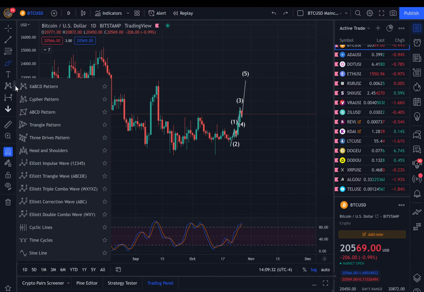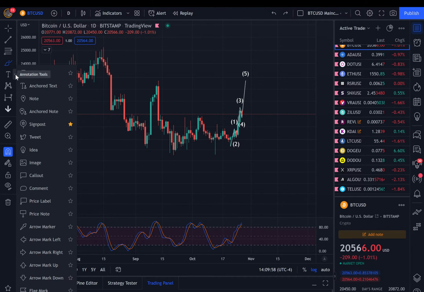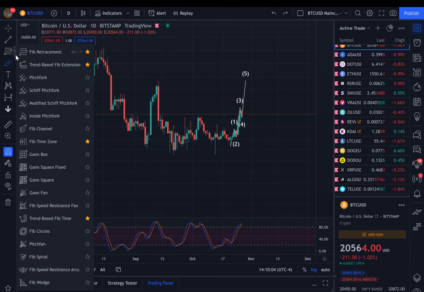I know it's here somewhere. It's not the head and shoulders pattern. I don't even know what a 3 dives pattern is, to be honest with you. If I can't find it, I'm just going to leave it. I want to say that I've seen it. I want to draw a proper W. Anyway, it's not important.